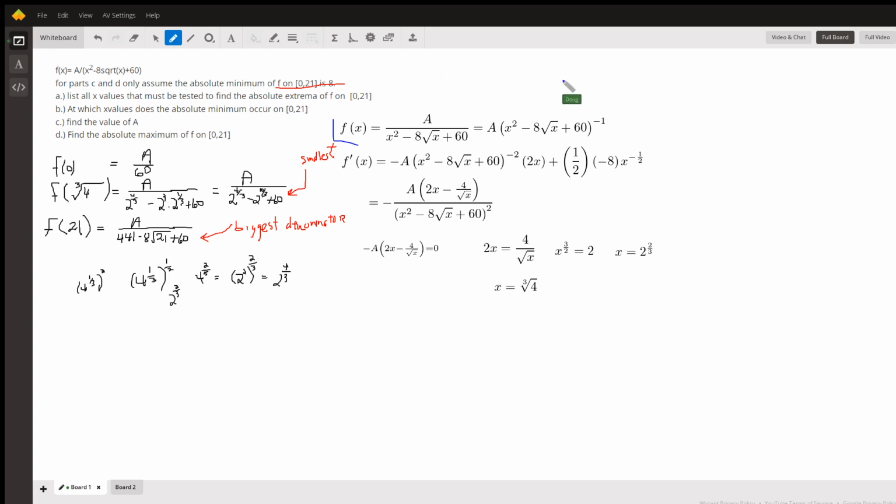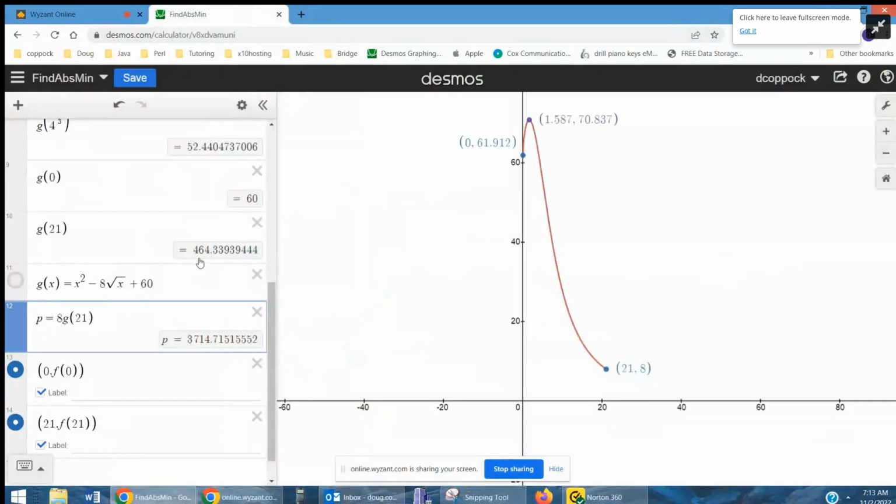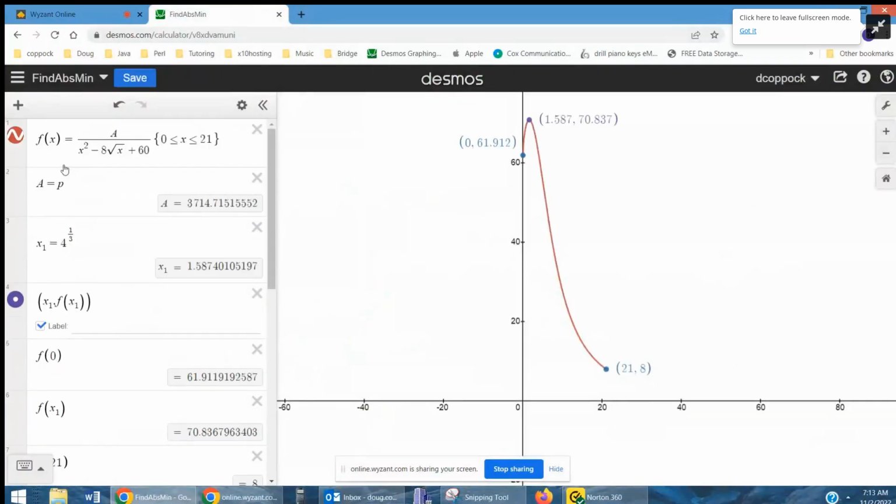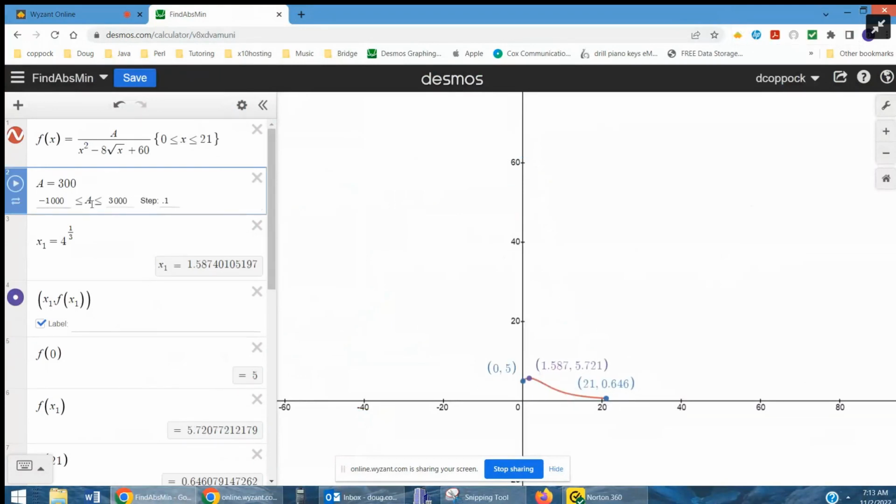If I share my screen and go to Desmos, there's a graph of the function with different values of a. Say that a can go from negative 1,000 to 3,000.